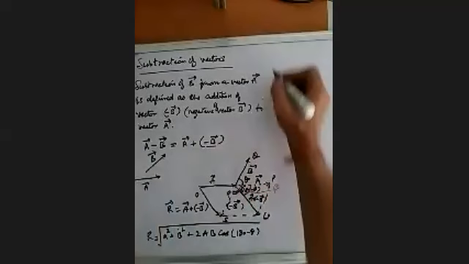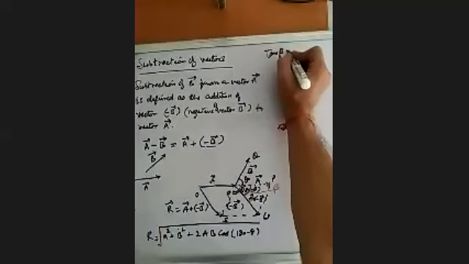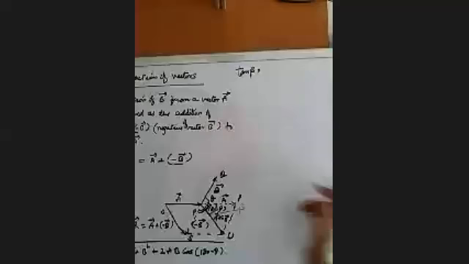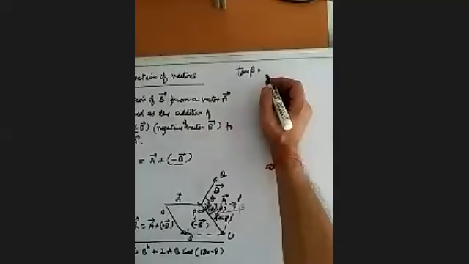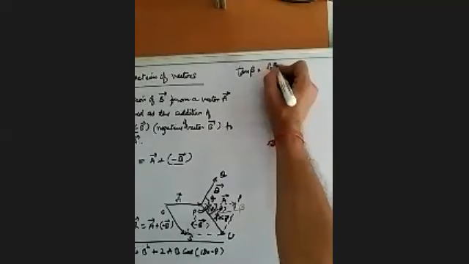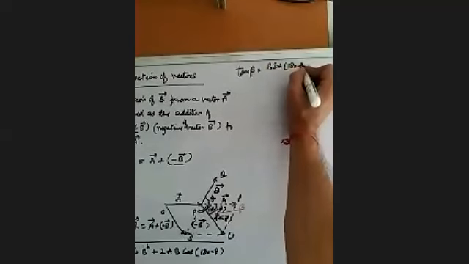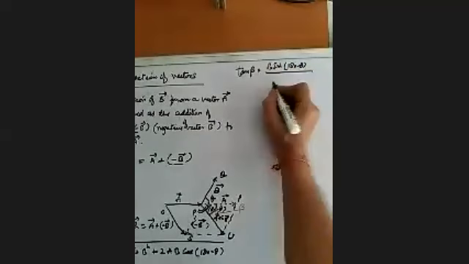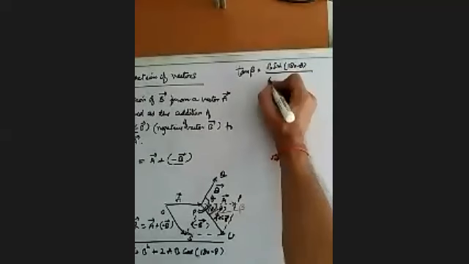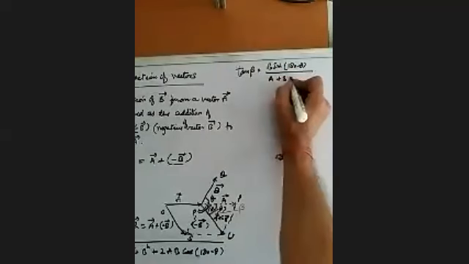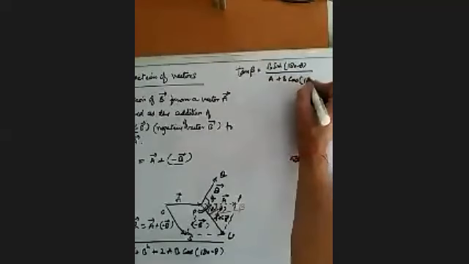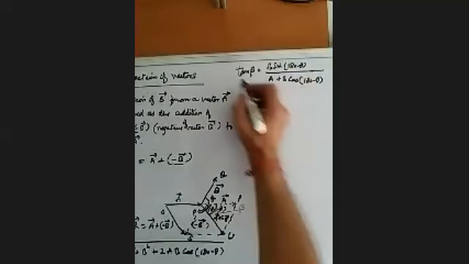Tan beta will be given by B. If you remember, it was B sine theta. So it will become equal to B sine 180 minus theta, because now the angle is 180 minus theta, divided by A plus B cos 180 minus theta. So that will give you the direction of the resultant, that is A vector minus B vector.